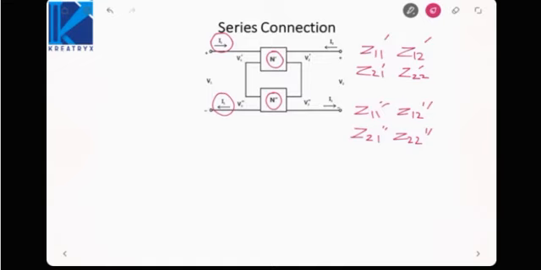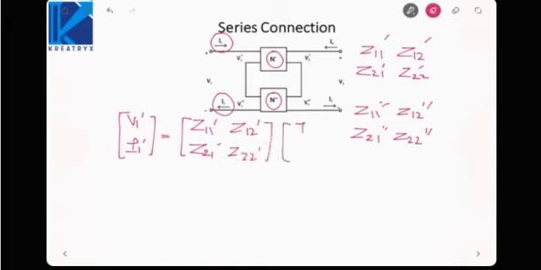Now, if we write the equation for the first network, V1 dash, V2 dash is equal to the Z dash matrix times I1 and I2, because current is the same for both the networks.